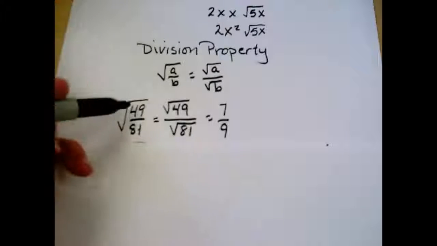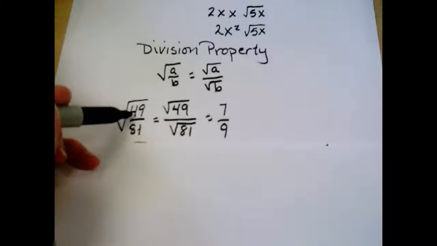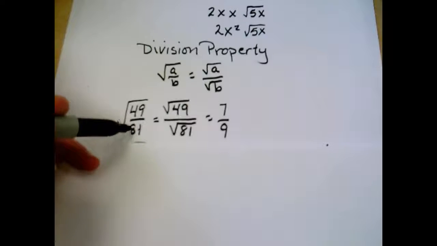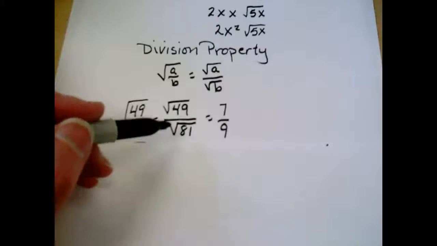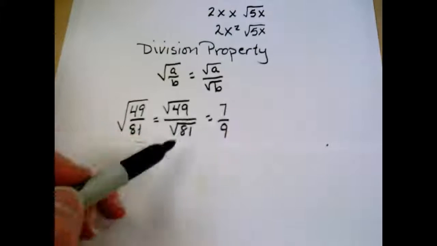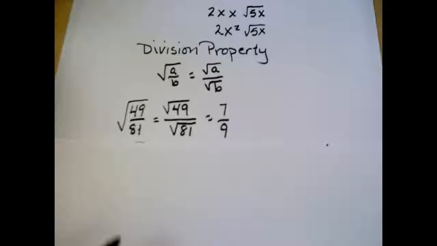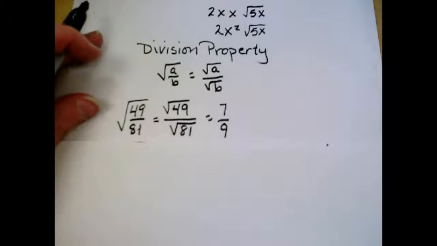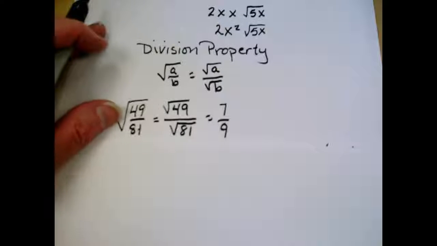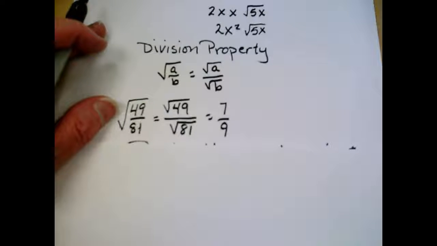So in doing that, my square root of 49/81, I can separate into the square root of 49 over the square root of 81. Square root of 49 is 7, square root of 81 is 9. If you can simplify the square root before starting, please simplify first, and then take the square root of each.